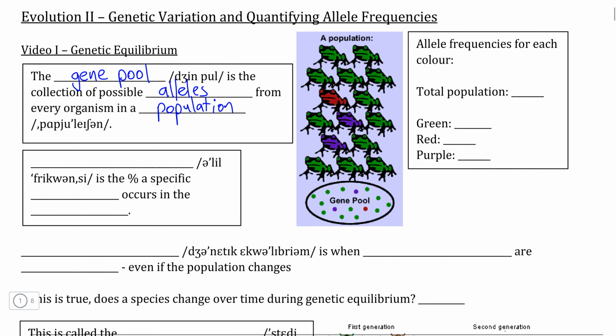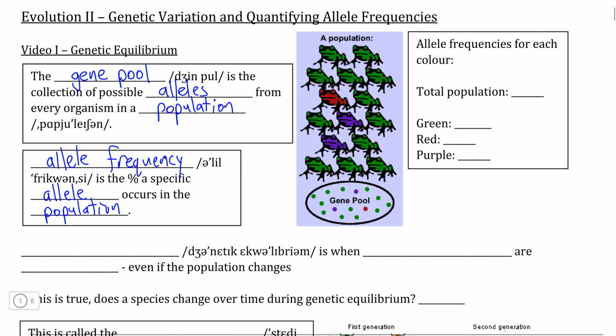Now, once we've identified each of the different alleles, each of the different forms of the same gene, and we calculate what the total population is, we can calculate what the allele frequency of each different phenotype is going to be, which is simply the percentage of which a specific allele occurs within the total population of the organism being studied.